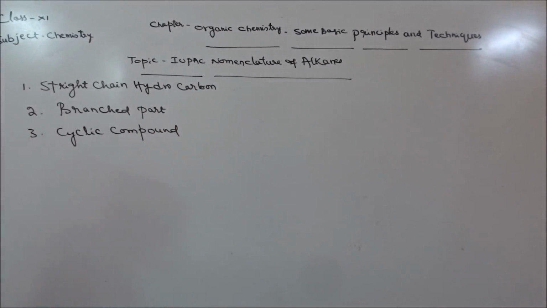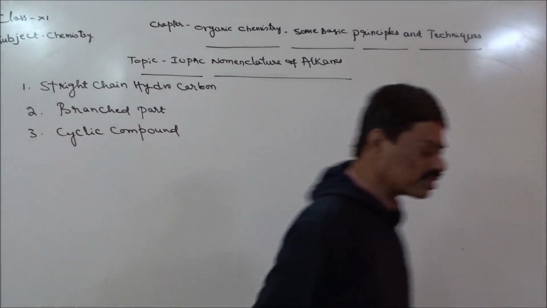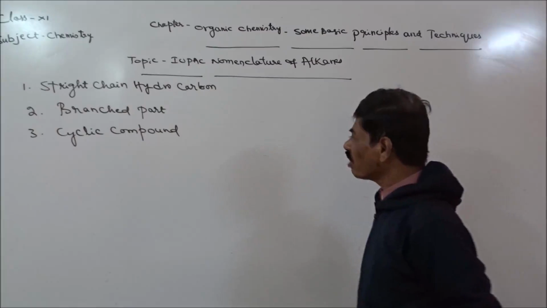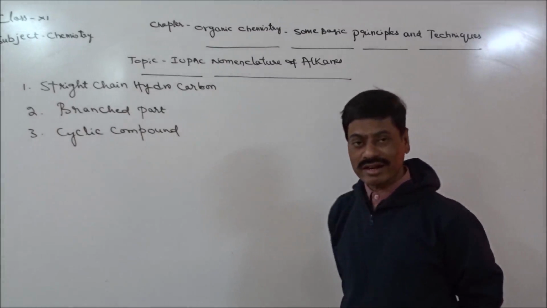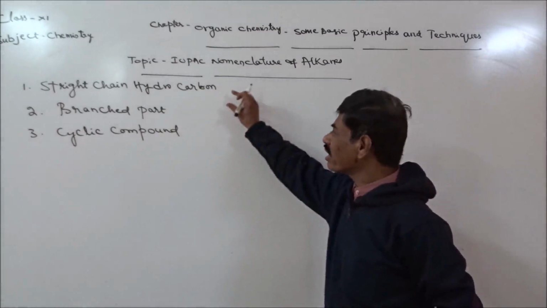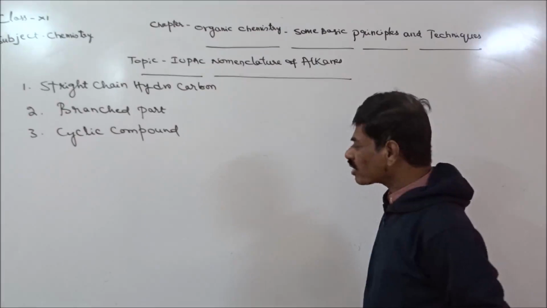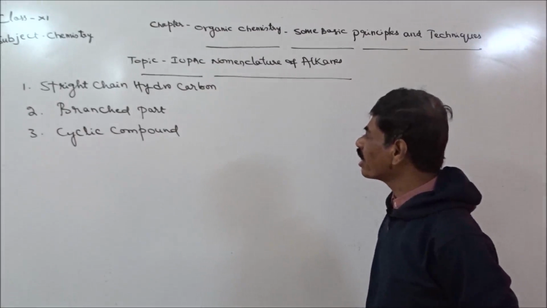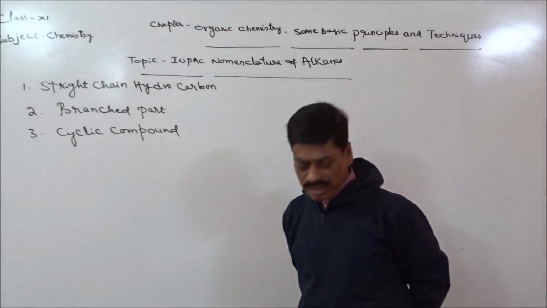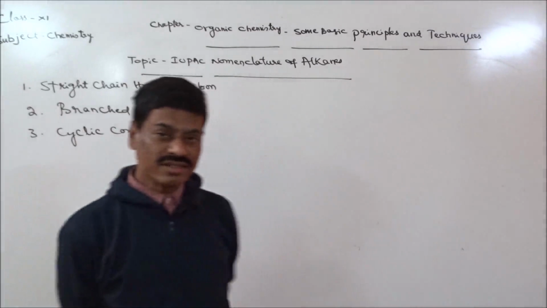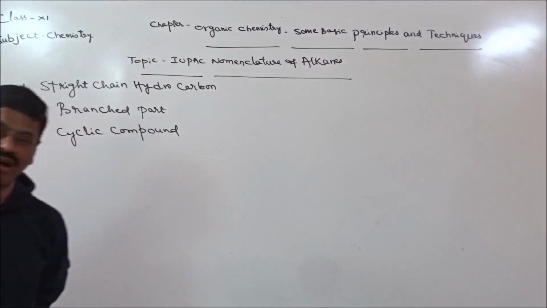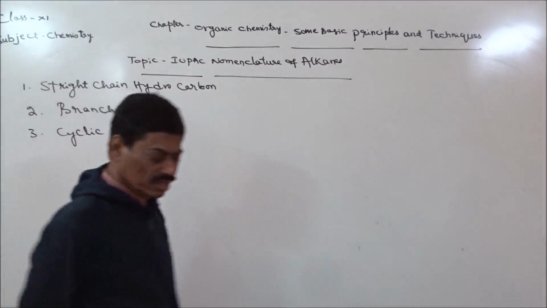Means whenever a particular organic compound is given to us, we have to trace or identify the straight chain hydrocarbon. Number 2, after identifying the straight chain hydrocarbon, we have to see whether that straight chain has a branch or not.